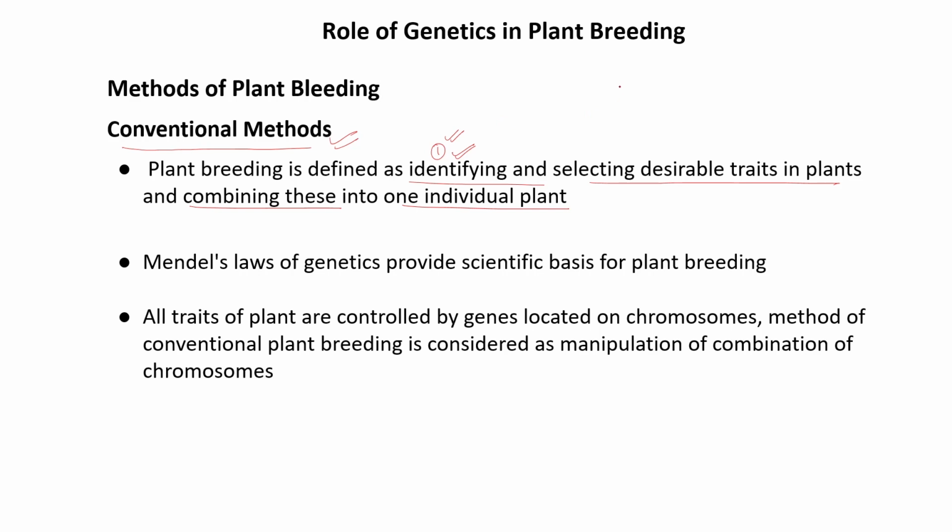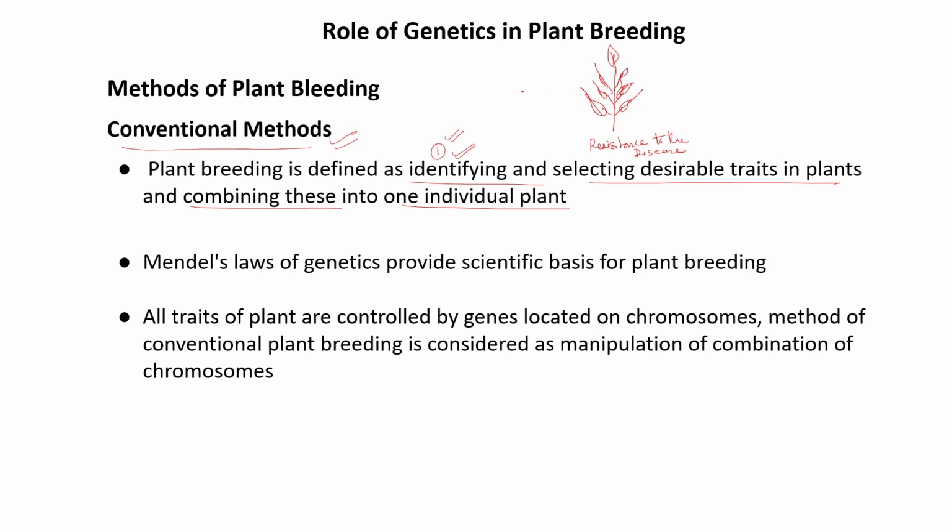I'm just taking one example. Suppose I have a wheat plant that is more resistant to disease. This is the peculiarity of this particular variety or species of the wheat plant: resistance to diseases.